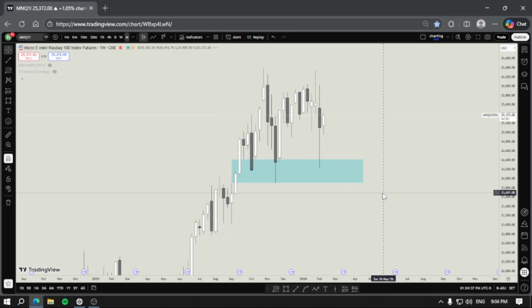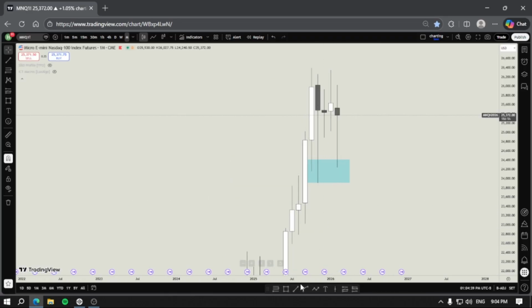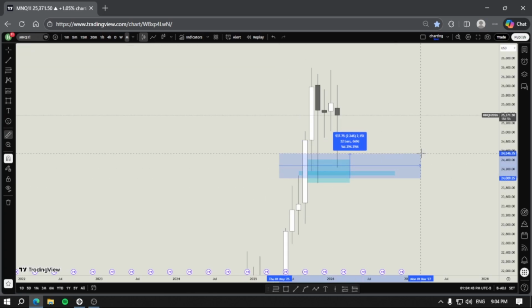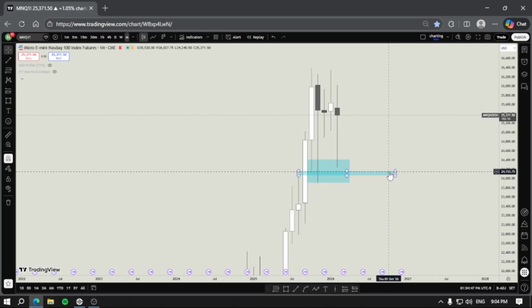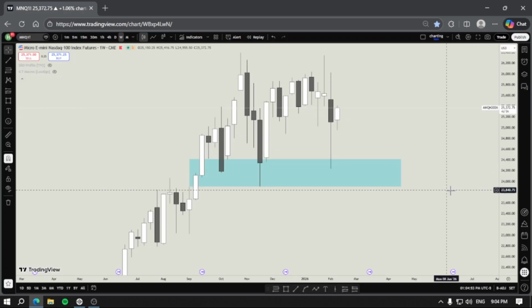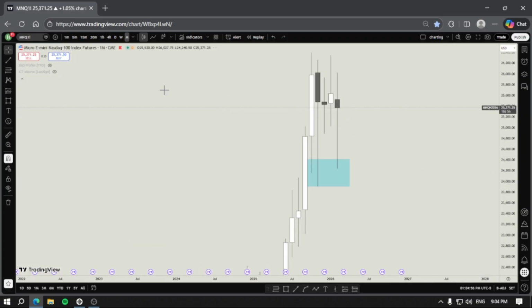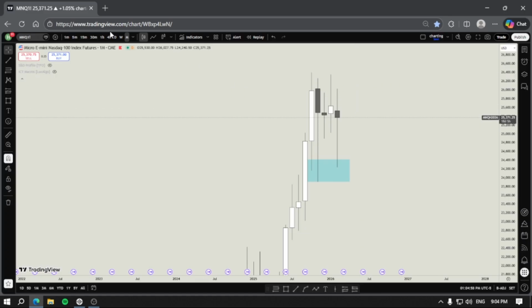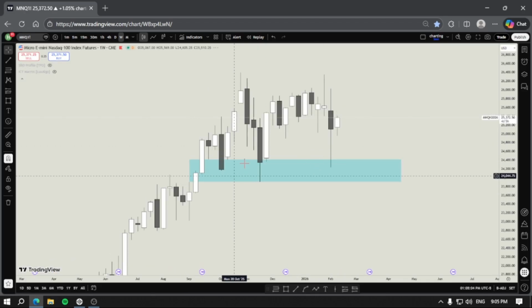Also, let's look at monthly, and guys, you can see that there's a fair value gap on monthly, and this got respected too, and this becomes extra confluence for my draw on liquidity. I'm just saying it becomes another confluence, but we're respecting monthly bullish PD arrays and then weekly bullish PD arrays.